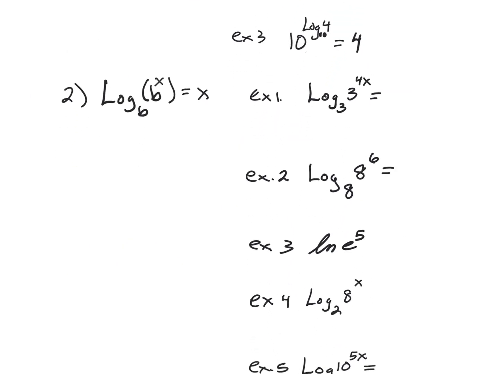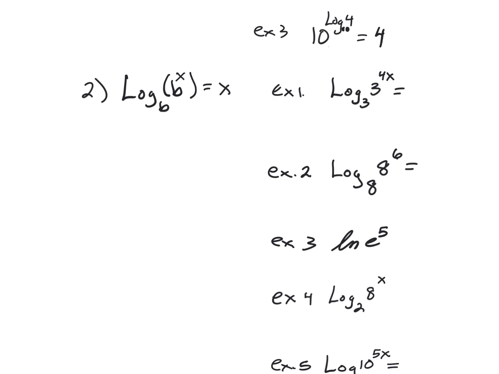Then there's this last inverse property. This property says that if you have a log with a base, and in the "of" part the base matches, then whatever the exponent on the inside is will be the answer. So notice how you have log base 3 of 3 to the 4x power.